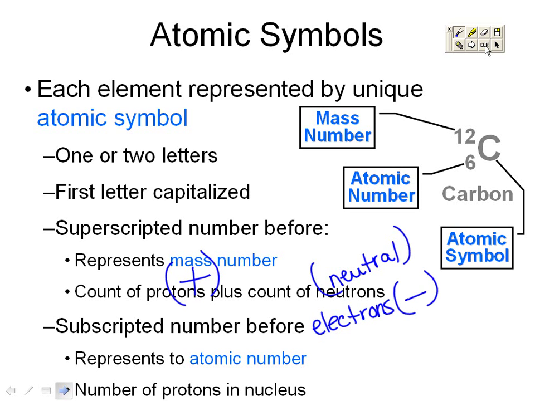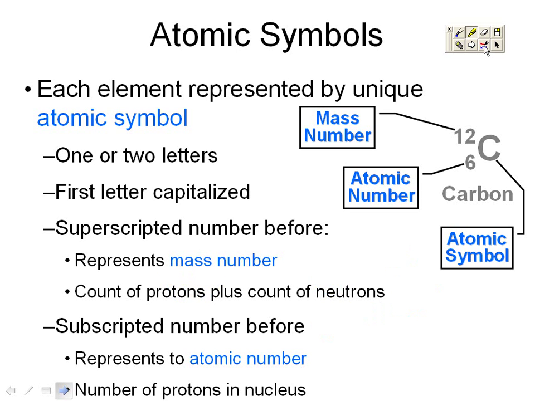In order to keep an atom electrically neutral, the number of positive protons must equal the number of negative electrons. Otherwise, we would have a charged atom. So to keep an atom electrically neutral, the number of protons will equal the number of electrons. So in the case of carbon, where I have 6 protons, I would also have 6 electrons.